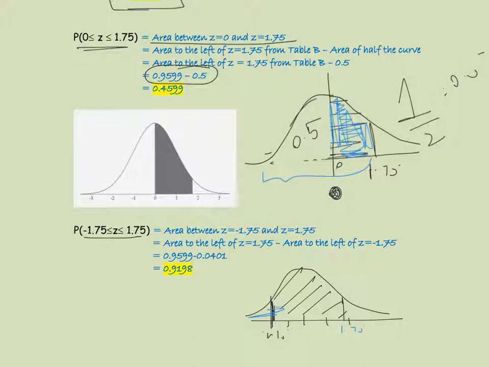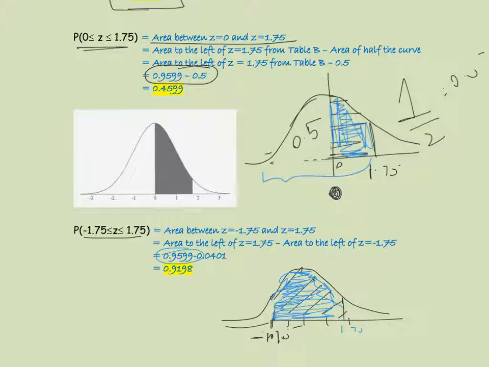That's the entire area to the left of positive 1.75, and from the table that's 0.9599. So that includes everything to the left of 1.75. The next thing we do is get rid of this area, which is really the area to the left of negative 1.75, and that can be obtained from the table again.